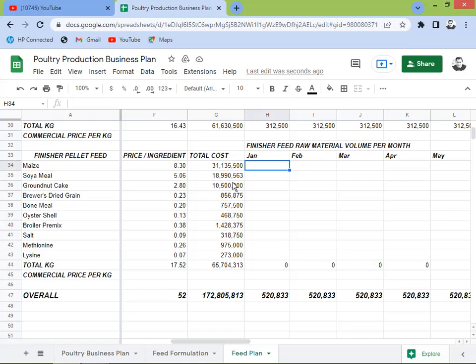But if you want to double it, 20 houses, you're going to double your revenue, and you need 20 tons per hour rated capacity of your feed mill plant. Okay, and you factor in the fixed asset, the depreciation cost.